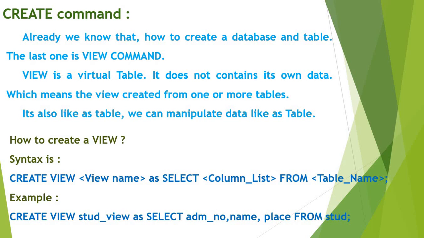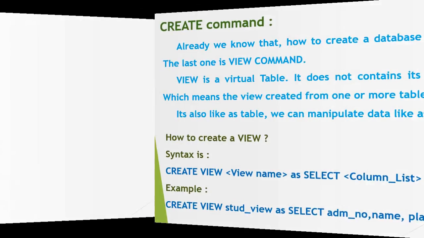Now I am going to create a view. For example, create view student_view, where student_view is the view name. Now I am going to select records from the student table. So I write a query: create view student_view as select admission_number, name, place from student table. So now I select admission number, name and place from the student table and store it into student_view.